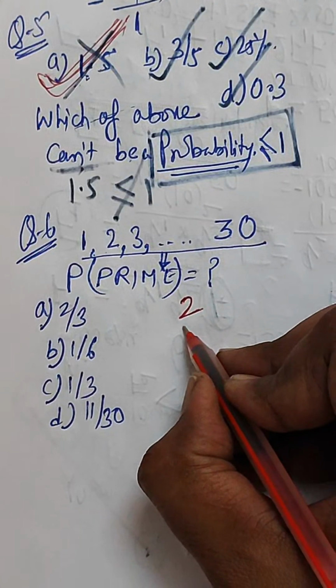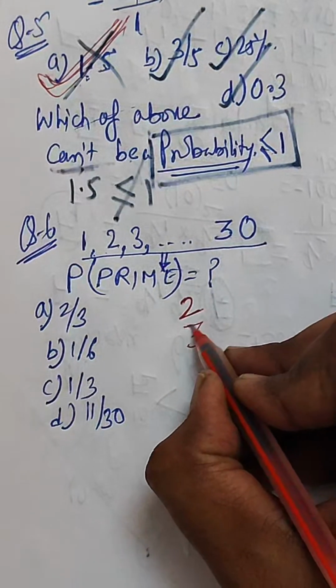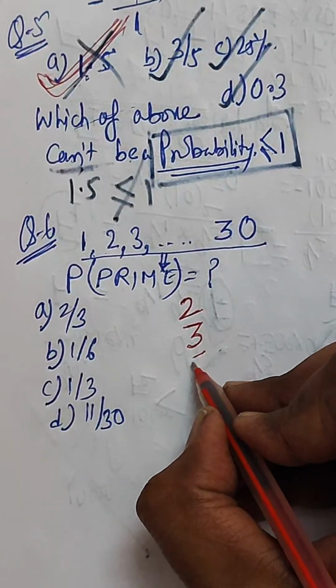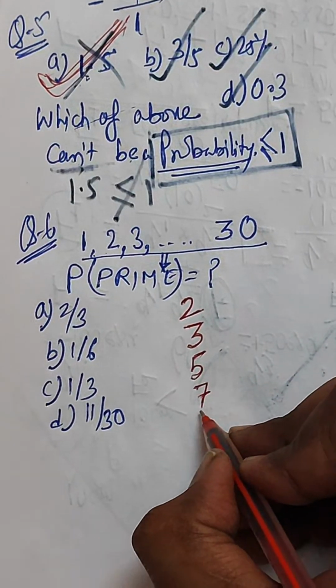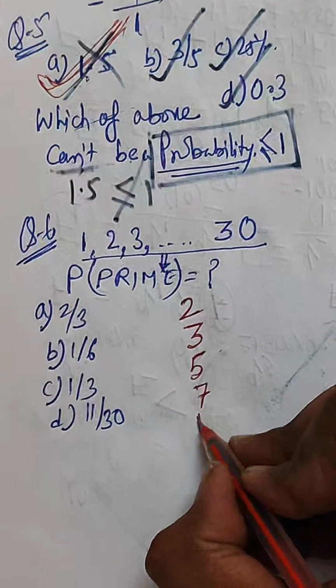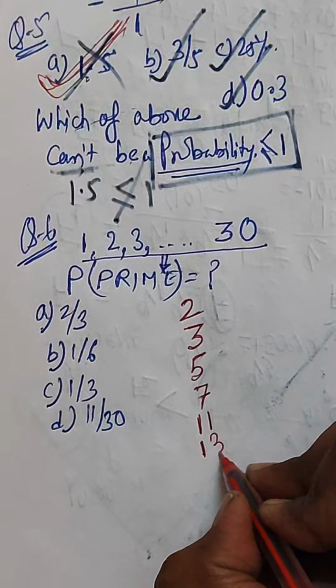So 3, right? 4 is not, then 5, then 7, 8, 9, 10 will not happen, then 11, then 13.